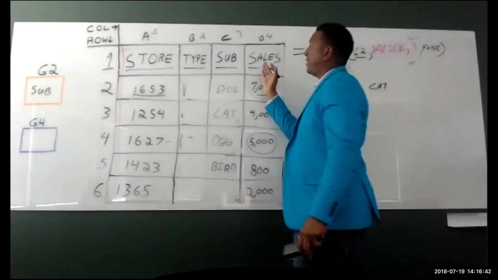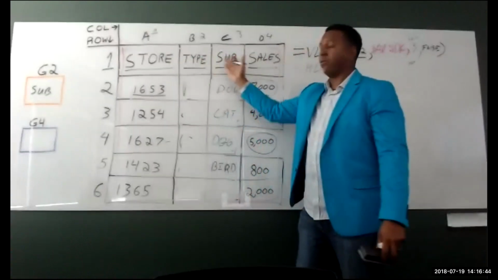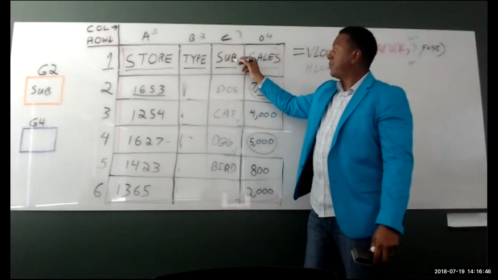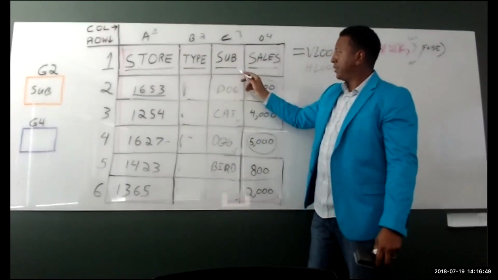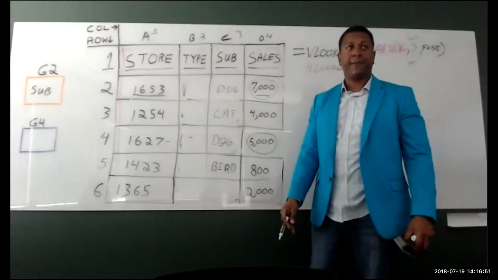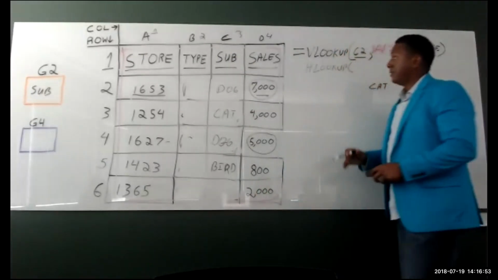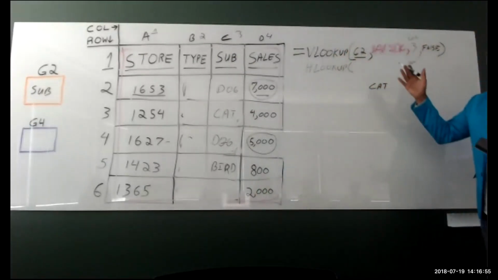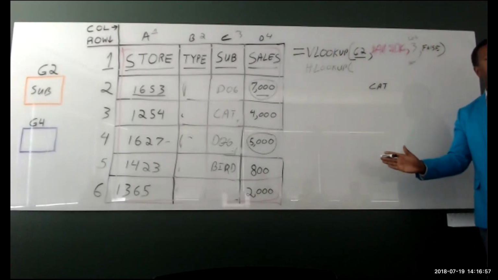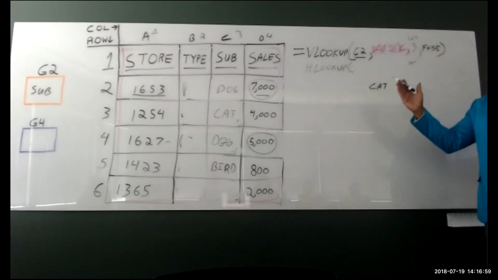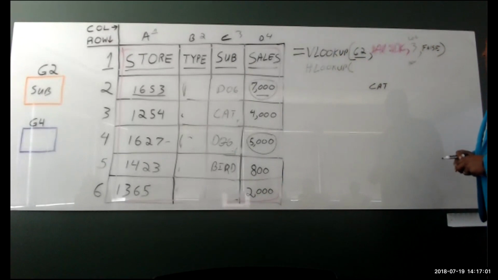Because this time it horizontally looked up what I wanted, and then I told it how many rows to go down, which was 1, 2, 3 to get a cat. Same concept, it's just that VLOOKUP looks up a vertical column, and HLOOKUP looks at a horizontal row. So it's the exact same format, you're just looking at columns versus rows.